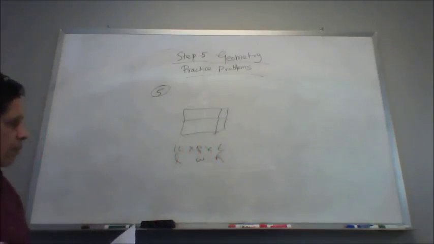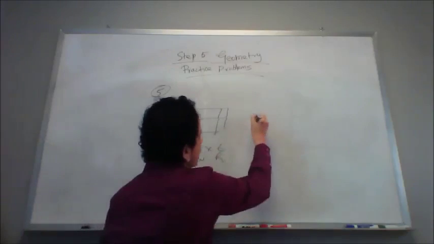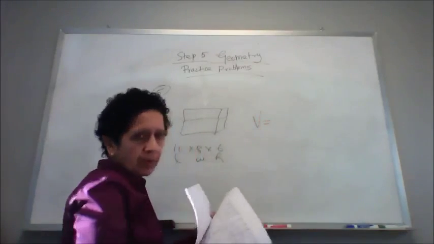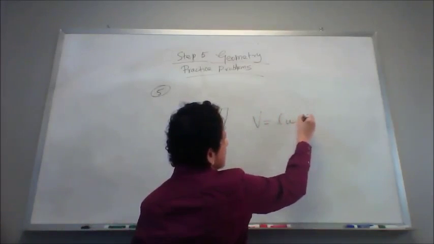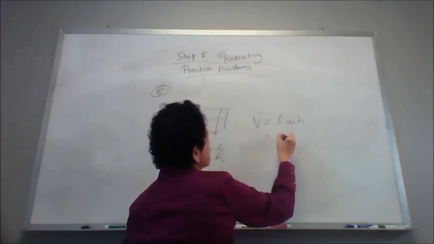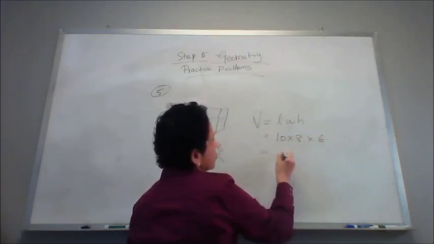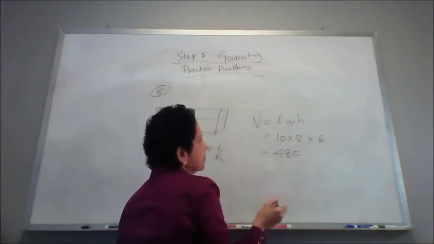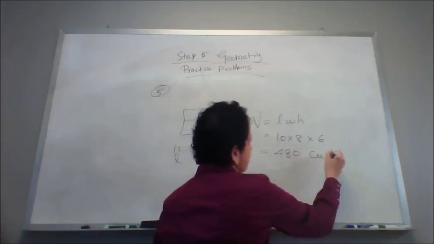Whenever you have a rectangular box like this, the volume formula, if you look at the formula sheet, is always length times width times height. So in this case, it's 10 times 8 times 6. You can do it in the calculator. It's 480, and these are all in inches, so that's cubic inches.